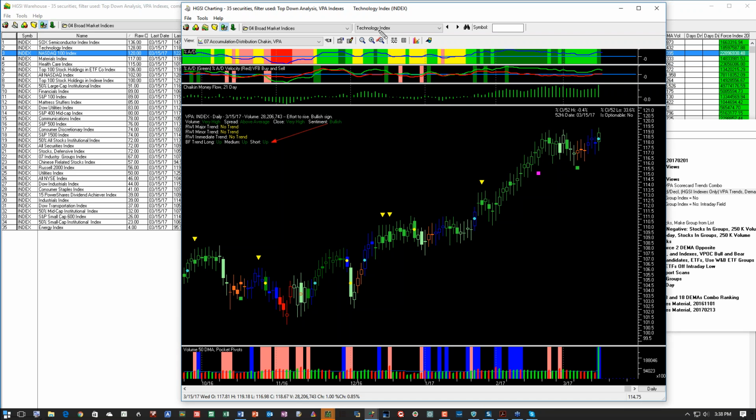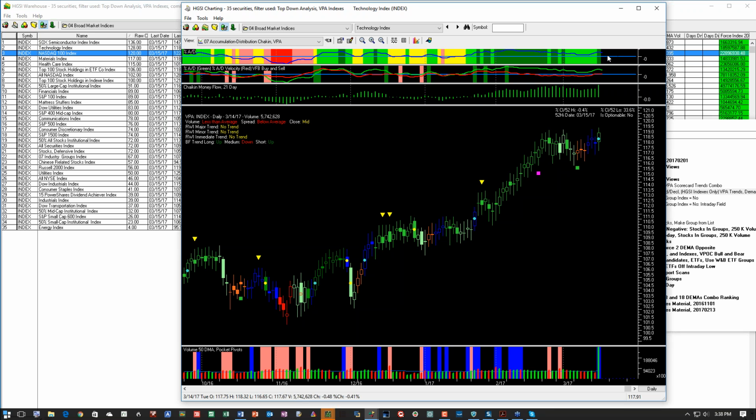Everything is up now on the technology index. It turned green. Yesterday it was blue because the medium-term trend was down. The long was up, the short was up, medium was down, so it was this blue color. So you can just look at this and you can tell what the trend was.